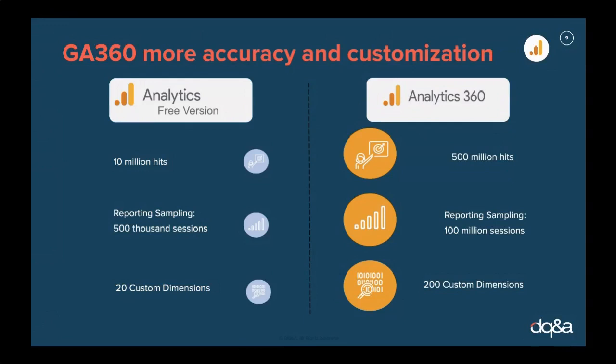So when you look at a report, you can be sure that it is not a default report that is sampling your data. And in terms of customization, you have a limit of 20 on the basic version, and you can go up to 200 on the premium one.